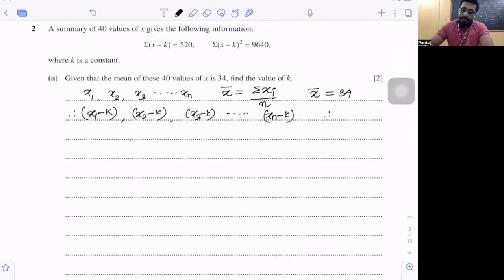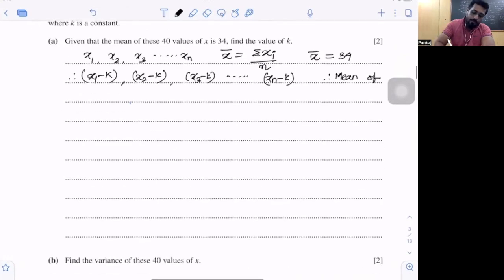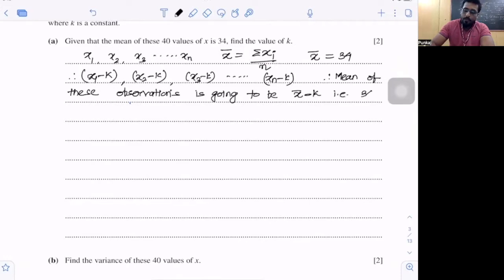So therefore I can say the mean of these observations is going to be how much? It's going to be x bar minus k, right? That is 34 minus k, because we knew that x bar was 34, right?